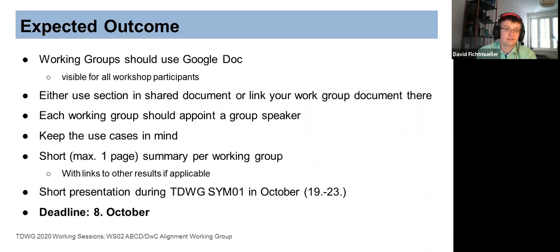But the general idea is that the work from the working groups should be visible to all participants of the workshop, regardless of whether they agreed to be part of your working group.